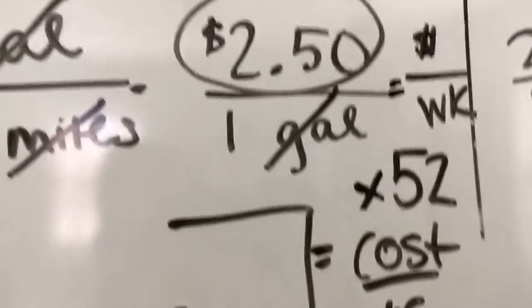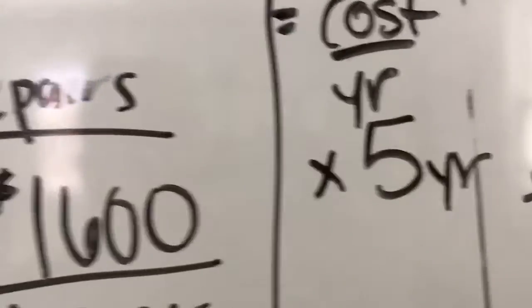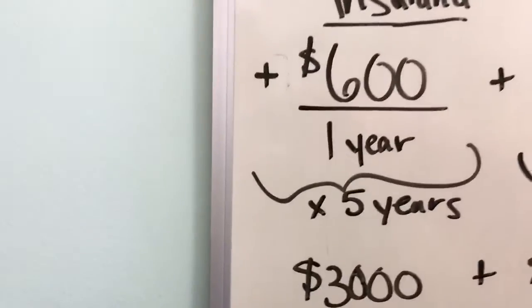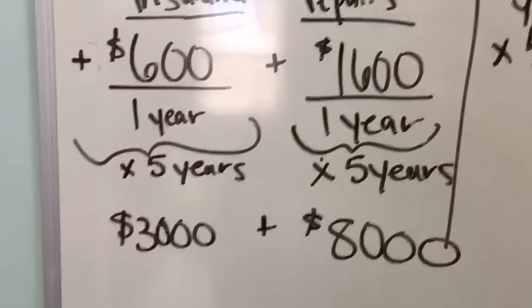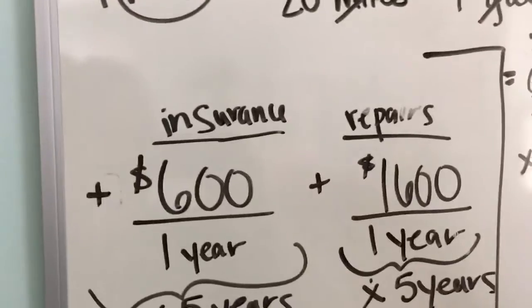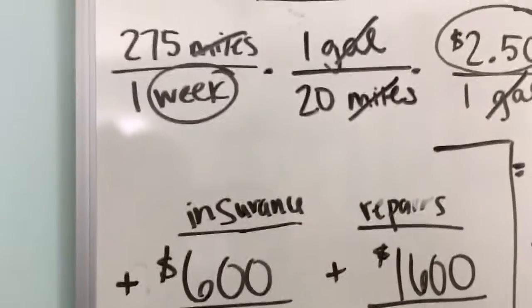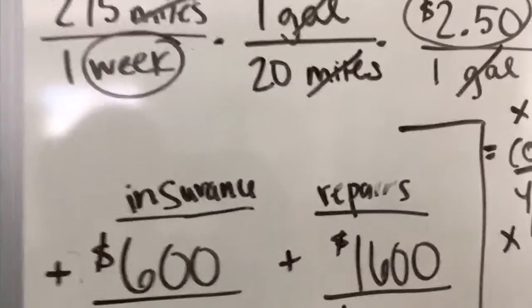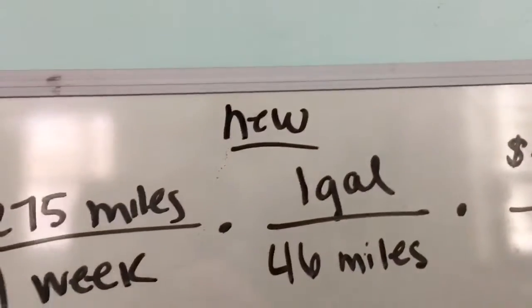So you need to add the cost of gas, that's this whole thing on the top, for 5 years, plus the cost of insurance for 5 years, plus the cost of repair for 5 years, and you'll get a total number. I'm going to let you do that math by yourself, just so I'm not giving away the whole problem. But then you're going to have to take that number and compare it to the new car.